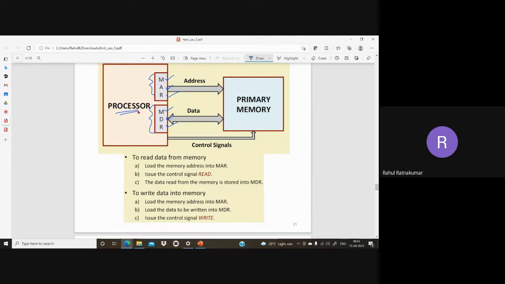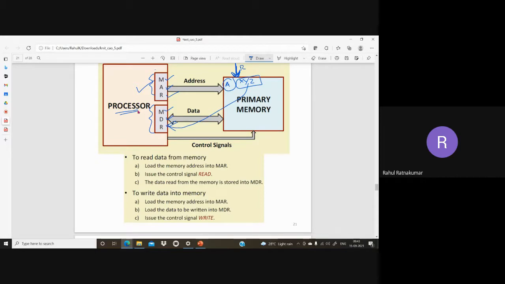This is a part of the processor actually, interfacing with the primary memory. For example, you need to take the data from address XYZ. So the address of the data has to be stored in the MAR, memory address register. And when the address register specifies that address, and the control unit says the read signal is activated, then the data goes to the MDR.